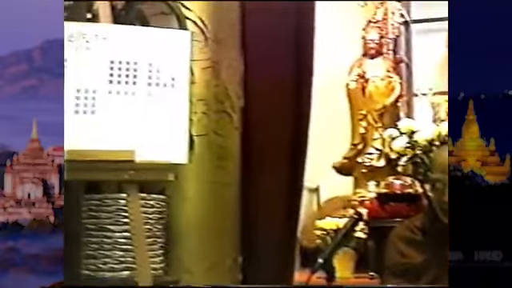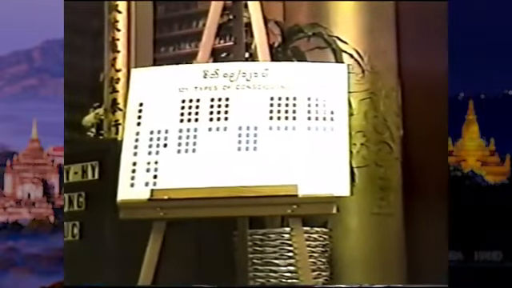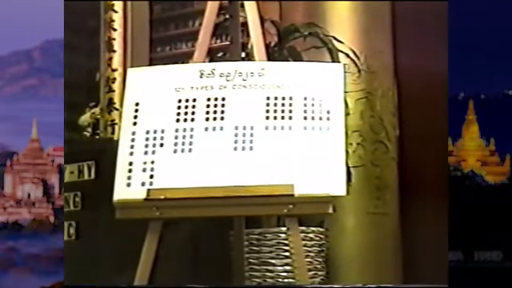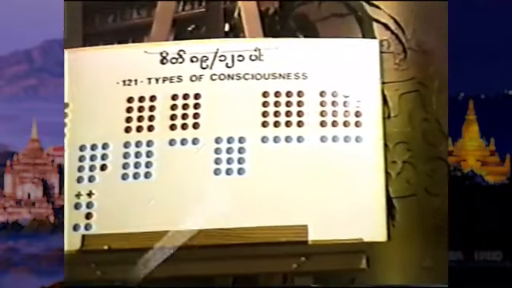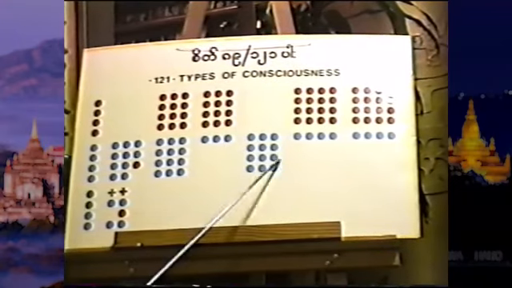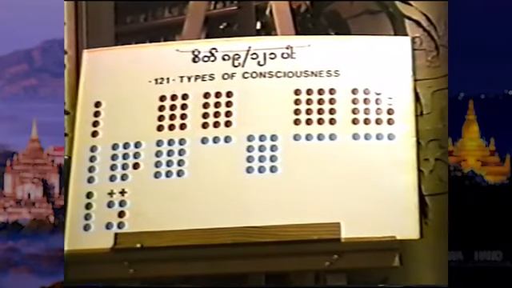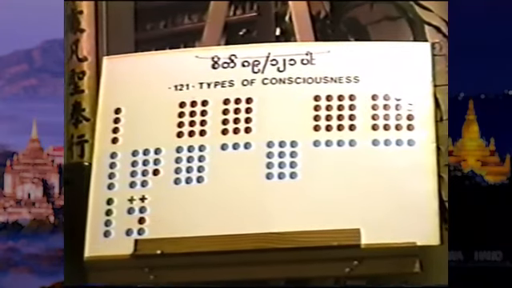Okay, next one is form sphere consciousness. Rupa Vajra consciousness 15, and then first and third Arupa Vajra consciousness 6, altogether 21. So these 21 Chetas take Pannatti, concepts, as object. So Rupa Vajra Chetas take concepts as objects.